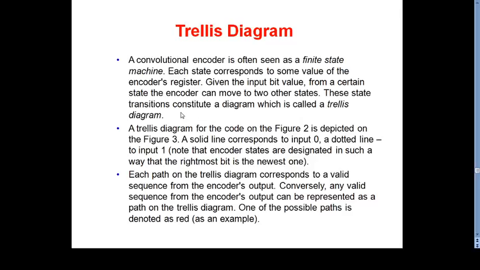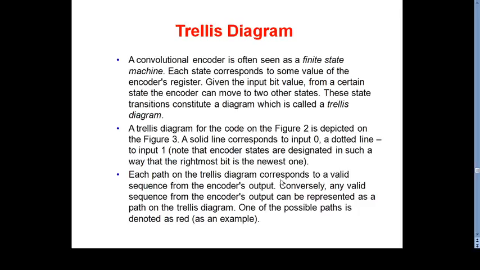This state transition diagram is called the trellis diagram, seen in figure 2 and figure 3. The solid line corresponds to input 0 and the dotted line to input 1. Note the encoder state is designed such that the rightmost bit is the newest.